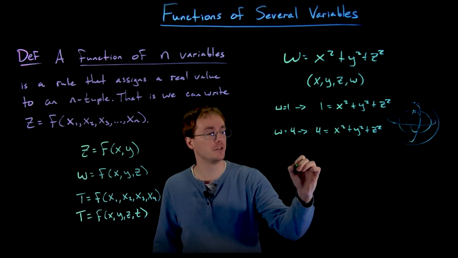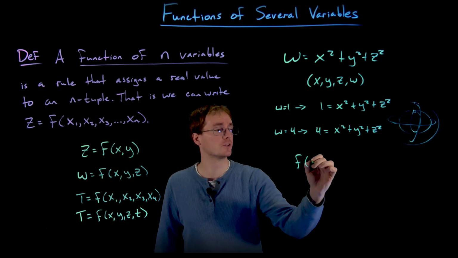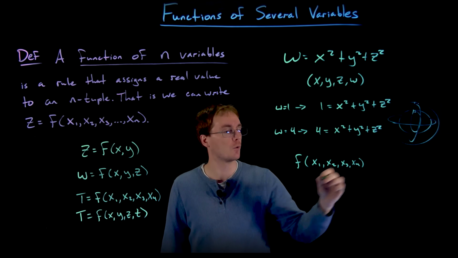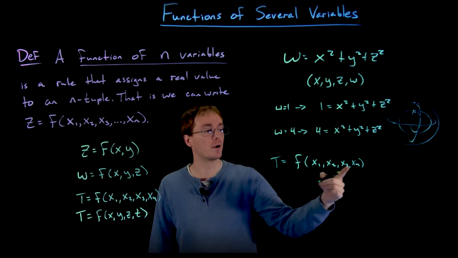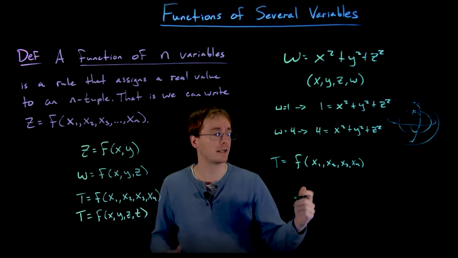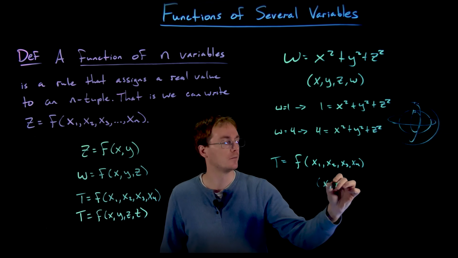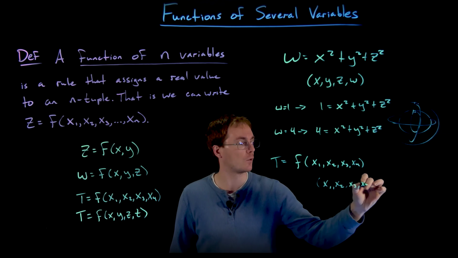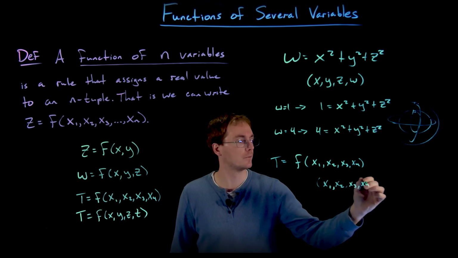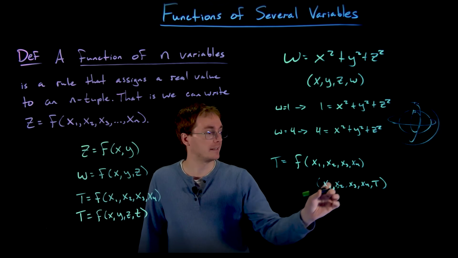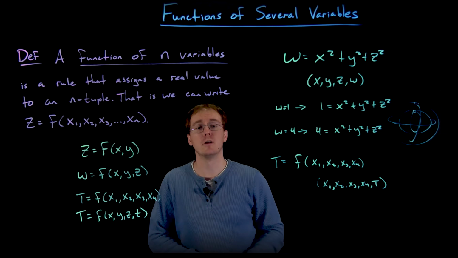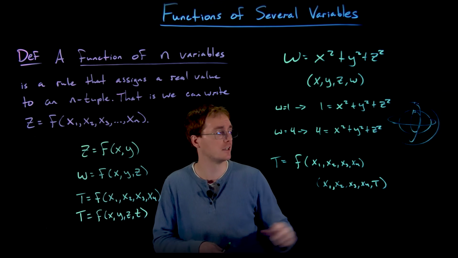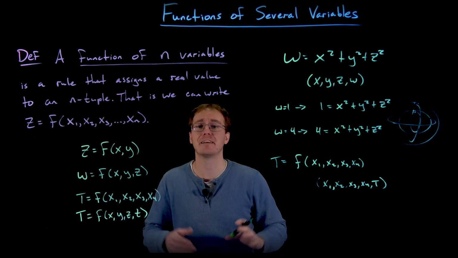If we have a function of more than three variables, like a function of x1, x2, x3, and x4, maybe call it t, then a point on this object would have coordinates x1, x2, x3, x4, and t. That is a five-dimensional coordinate, so the actual object would exist in five-dimensional space, and if we tried to look at a level curve or a trace, it would take up four-dimensional space, and we can't visualize that.